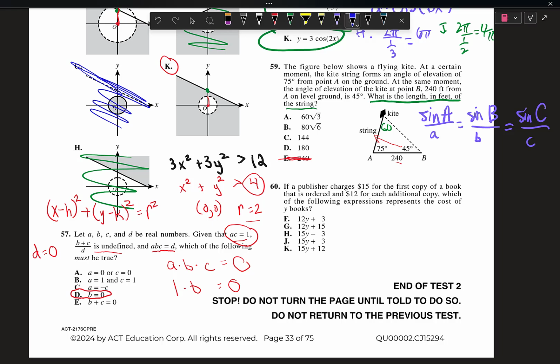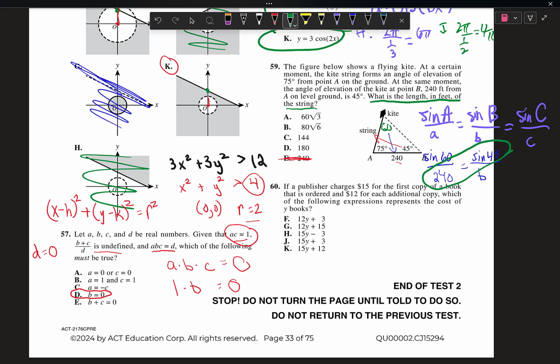So in this problem, we could say our angle A is the 60-degree angle, because we know the side opposite that 60-degree angle is 240. Our ultimate goal is to find the length of the string, so we'll call that side B. Well, the angle that's opposite side B is 45. So this is the setup that we're going to set up and solve and cross multiply.